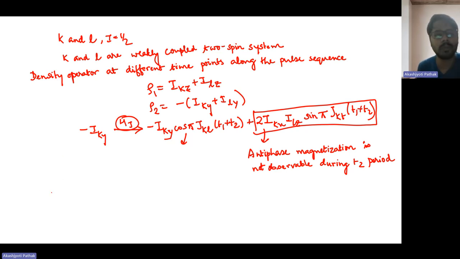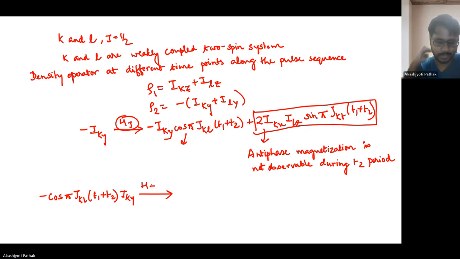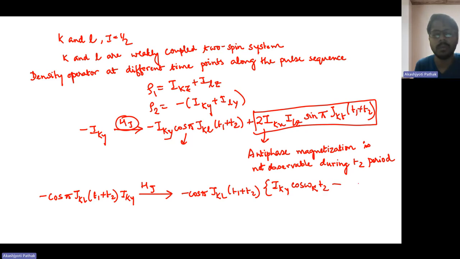We can write this in this form: minus cos pi J K L (T1 plus T2) I K Y, and then under the Hamiltonian HJ operator, we will get minus cos pi J K L (T1 plus T2) and then this term: I K Y cos omega K T2 minus I K X, right?